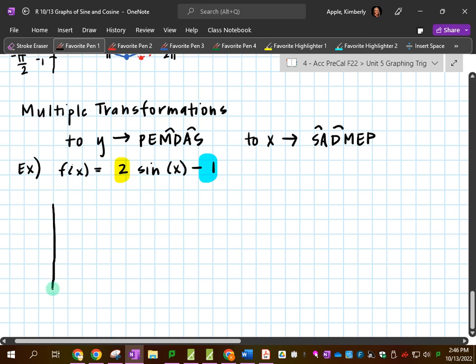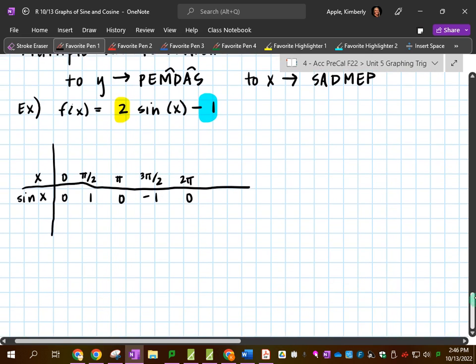So you need a big old table. Here we go. x, sine x: 0, pi over 2, pi, 3 pi over 2, 2 pi, and 0, 1, 0, negative 1, and 0. Okay, so I'm going to do both y things. Now, following the order of operations, what will I do first?